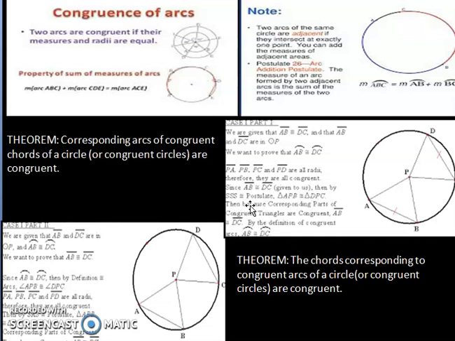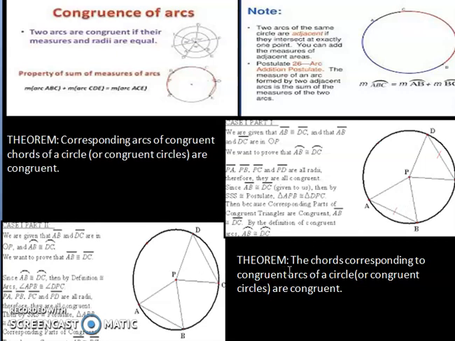Then by the SSS test, these two triangles are congruent, because PD, PC, AP and PB are all radii. Since the triangles are congruent, corresponding parts of congruent triangles are congruent, so arc AB is congruent to arc DC. Hence proved.